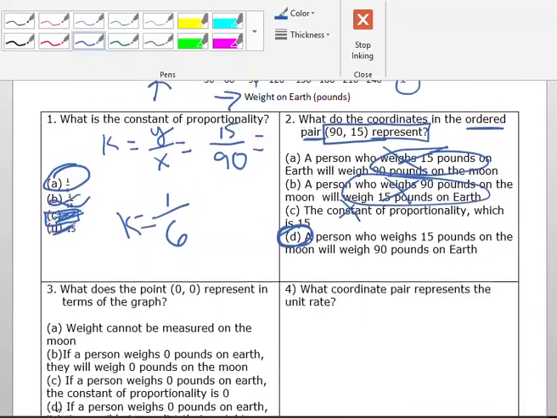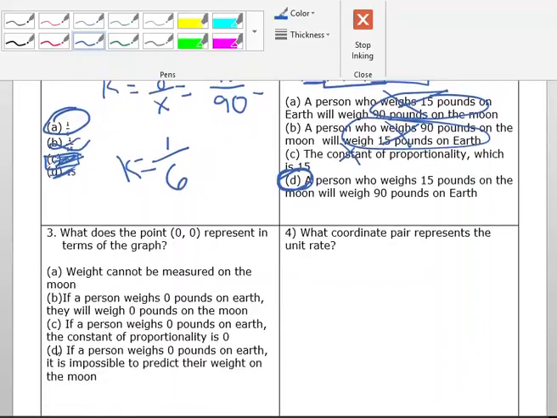Moving down, what does the point 0, 0 represent in terms of the graph? A, weight cannot be measured on the moon. Well, I know that's false just because the intro told me that was false, and because I have this graph that tells me a bunch of weights on the moon, right? So A is totally wrong. B, if a person weighs 0 pounds on Earth, they will weigh 0 pounds on the moon.